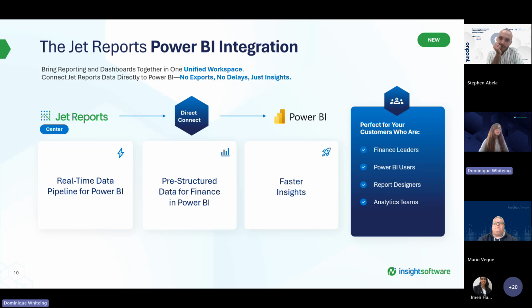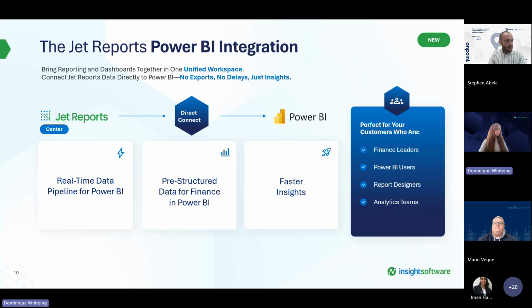For those teams using Power BI, we can create a direct pipeline between your Jet Reports data and the Power BI dashboards. Your finance team can keep working in Excel where they're comfortable, while that same clean, structured data flows automatically into Power BI for visualizations. No exports, no delays, no manual data transfers, just one unified workspace for all your reporting needs.